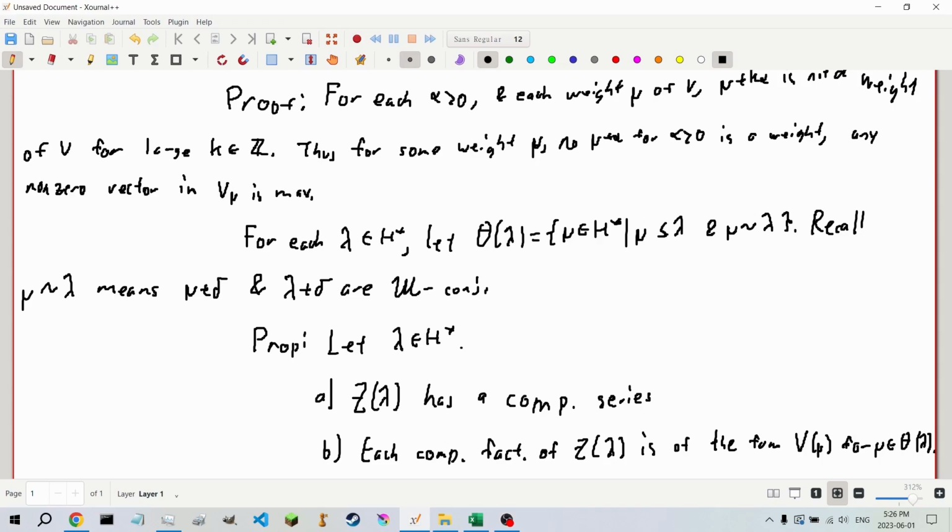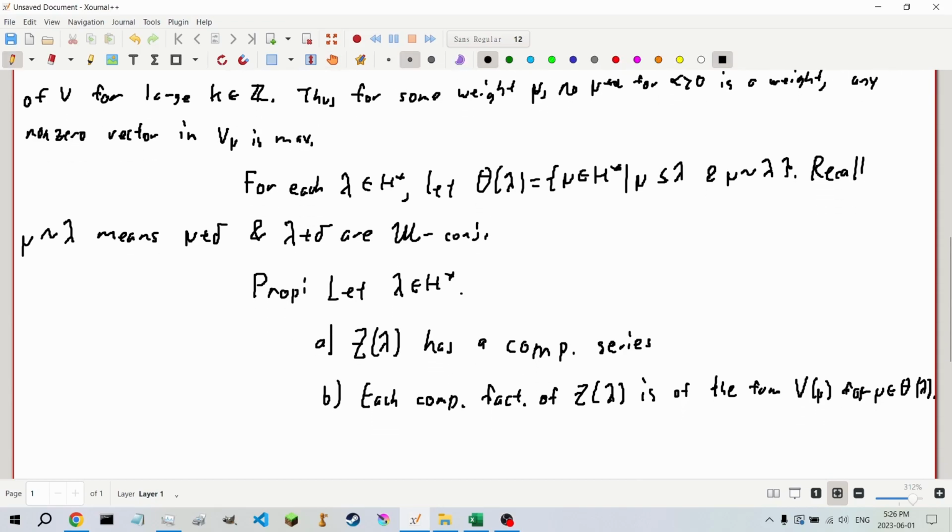Keep recalling that theta lambda is defined above, meaning mu is linked to lambda. And C states that each V of our specific lambda only occurs once as a composition factor of our Z lambda, of course.